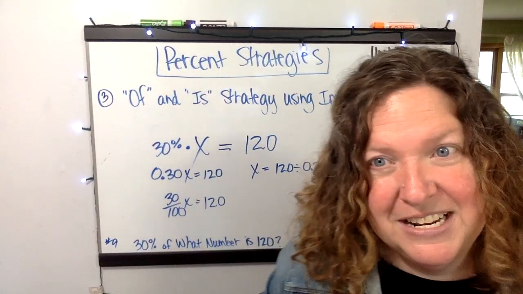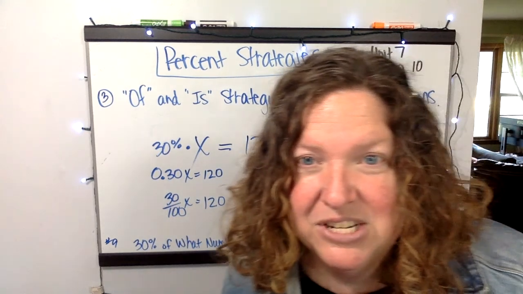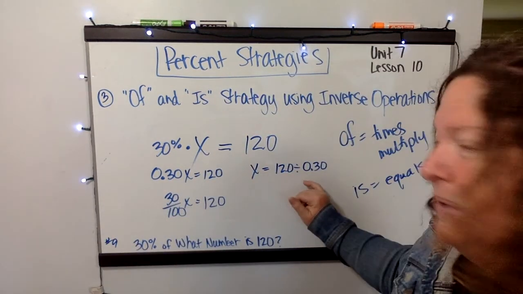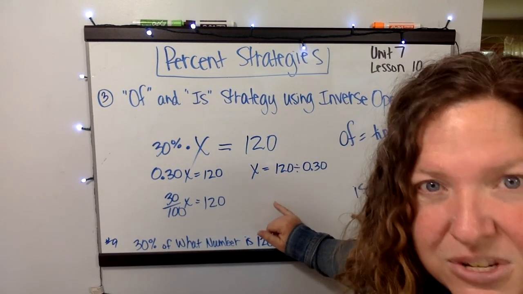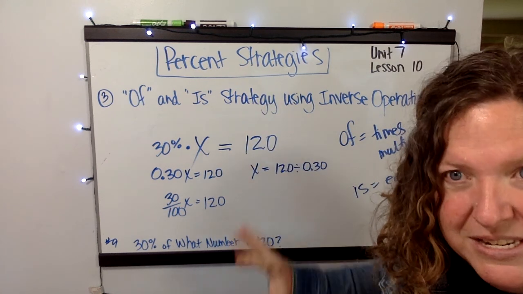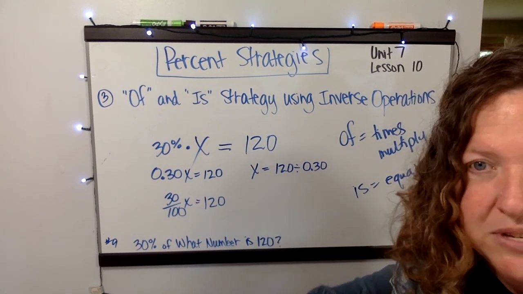The reason I say that is they're not wanting us to learn how to divide by decimals. They're wanting us to learn how to work with percentages. So you can type it into a calculator.